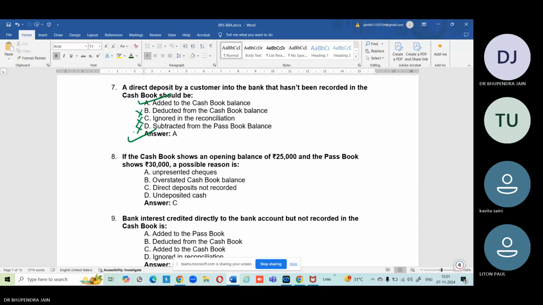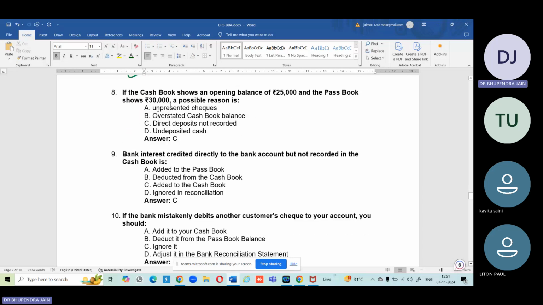Next. If the cash book shows an opening balance of 26,000 and the passbook shows a balance of rupees 30,000. Cash book balance 25 and the passbook balance is 30.